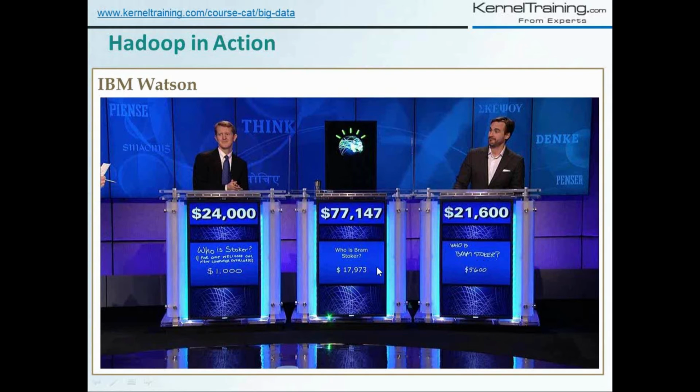Based on the quality of the question you framed and the response time, you will get the credit. If you observe here, for the same question, these two people got $1,000 and $5,600, but the machine got $17,800.